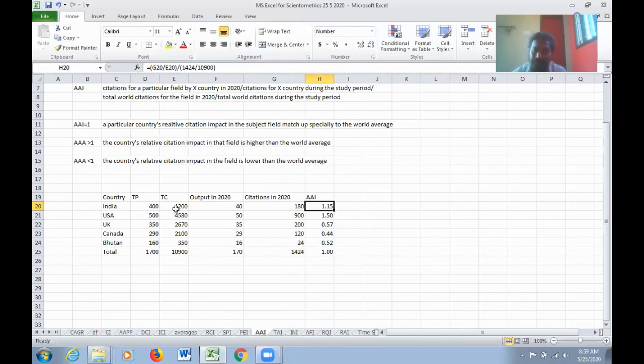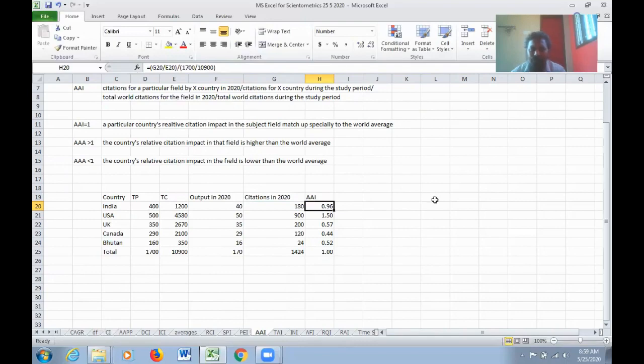Total citations India had. You take this first portion of the formula divided by 1424. What is that? 1424. I'm sorry, it's not 1424. I think it should be 1700. I'm sorry, 1700. That is 170. That is total publications divided by then total citations.